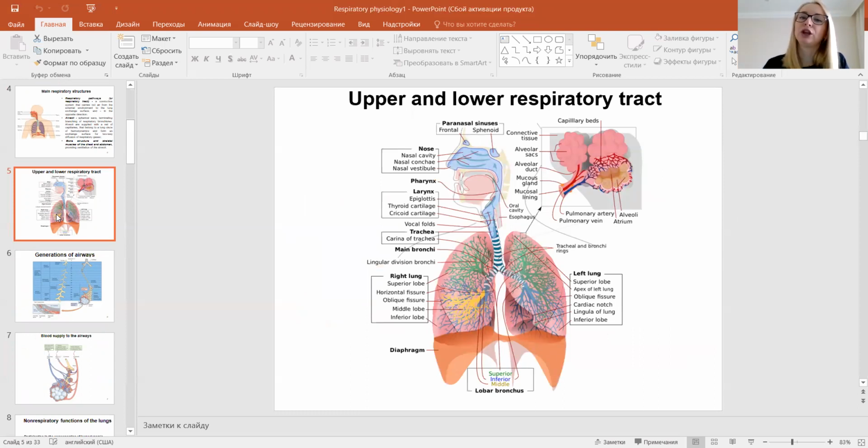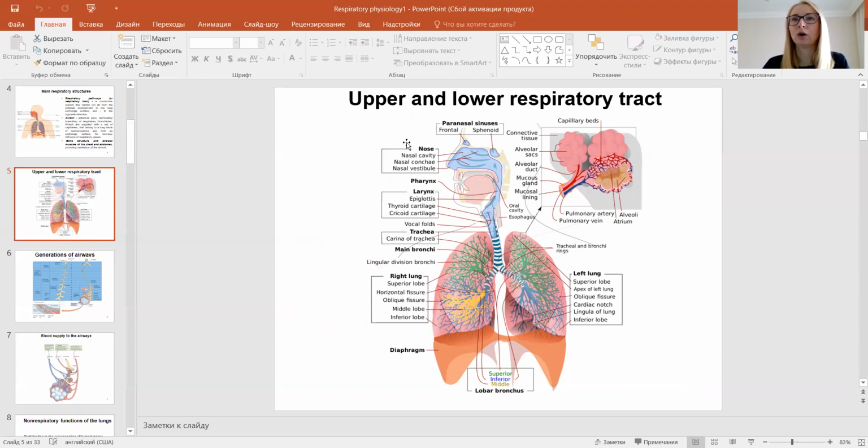There is another classification of the respiratory tract, which classifies all respiratory structures into upper and lower respiratory tracts. The nasal cavity, mouth cavity, throat, and larynx belong to the upper respiratory tract.